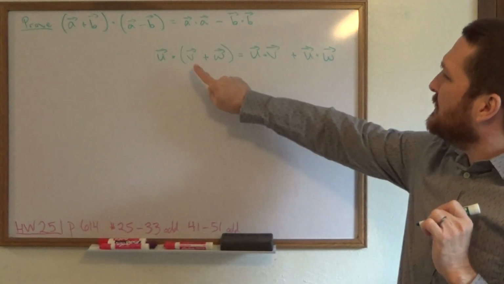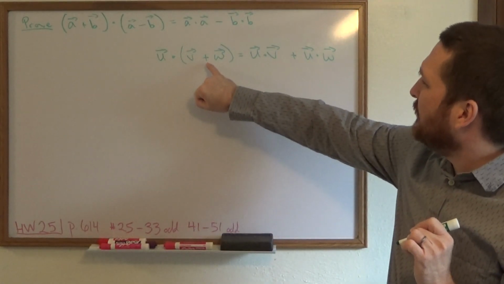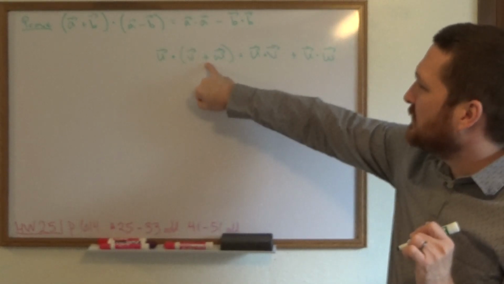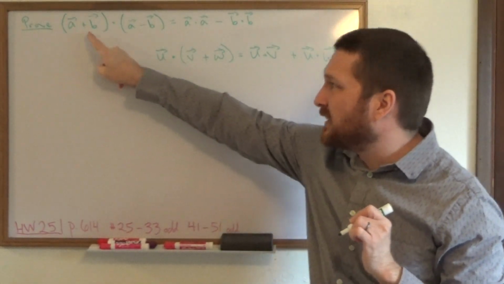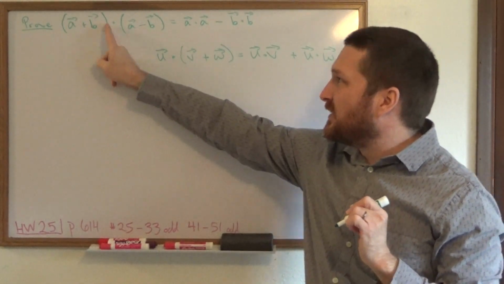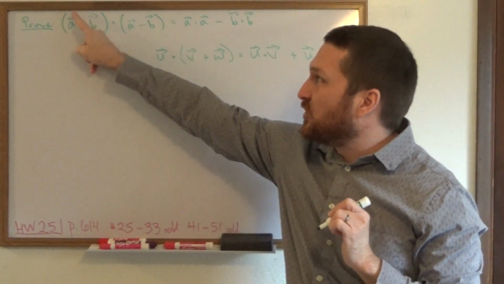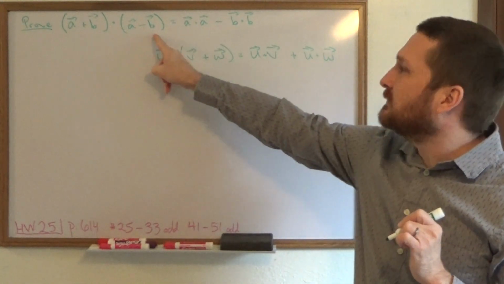And the thing we proved is that that's a plus. And another thing to note, any two vectors you add together, you get another vector, right? So this right here, we could just rewrite as u dot something.